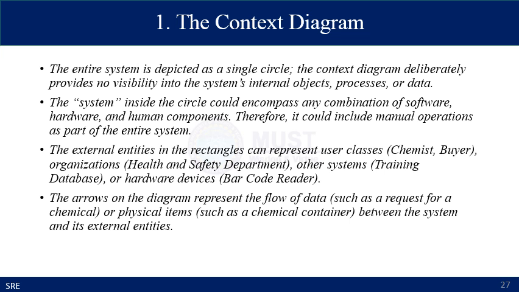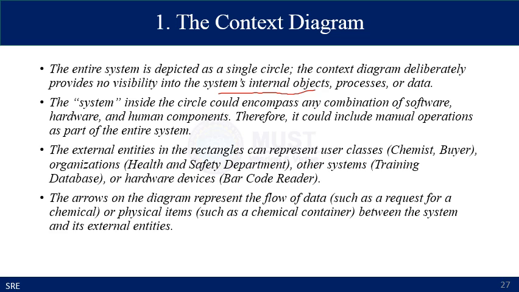The entire system is depicted as a single circle. The context diagram deliberately provides no visibility into the system's internal objects, processes, or data. That means no internal functions are displayed in the context diagram. The system inside the circle could encompass any combination of software, hardware, and human components.